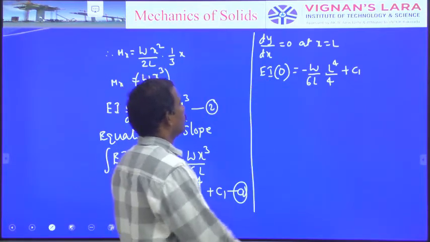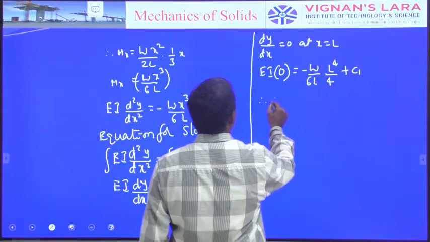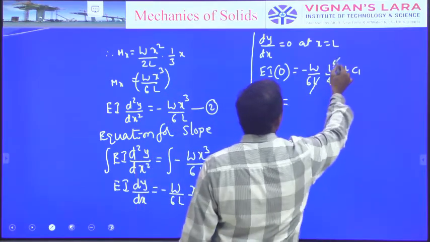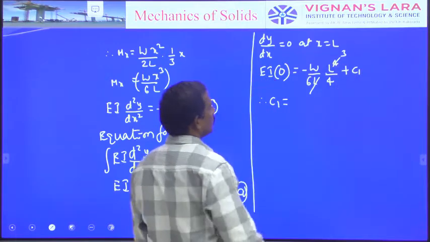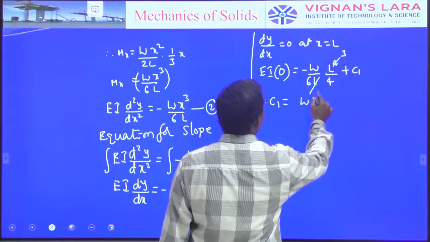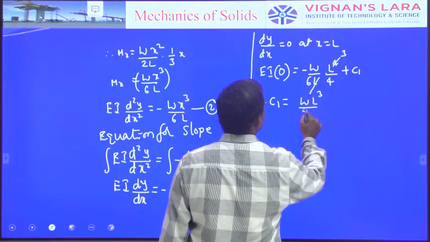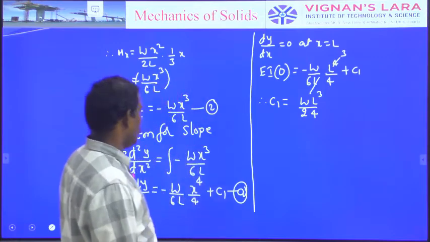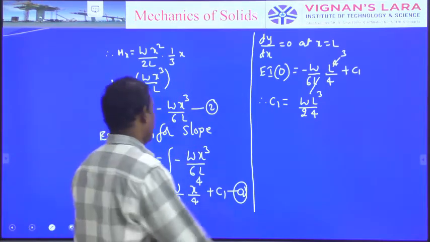Therefore C1 is equal to WL cube by 24. Substitute the C1 value in equation number A.